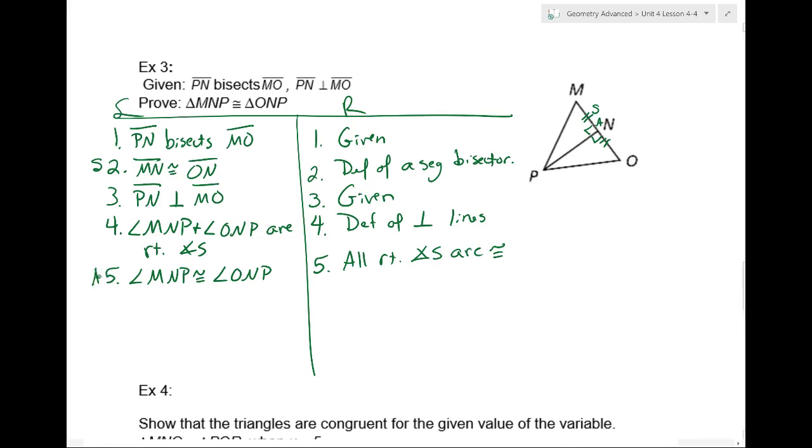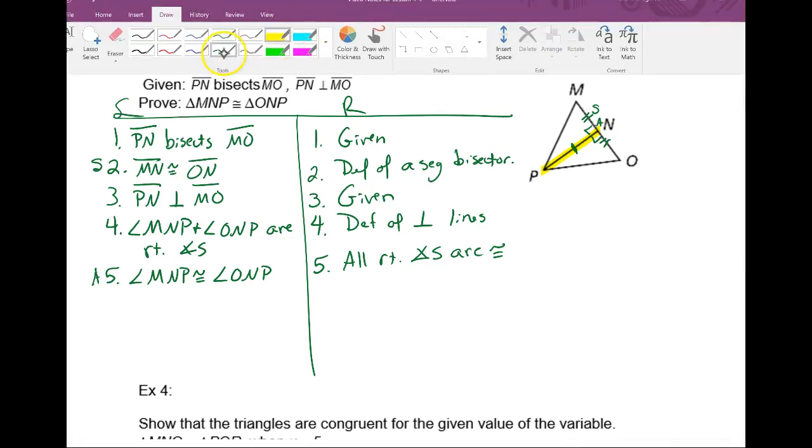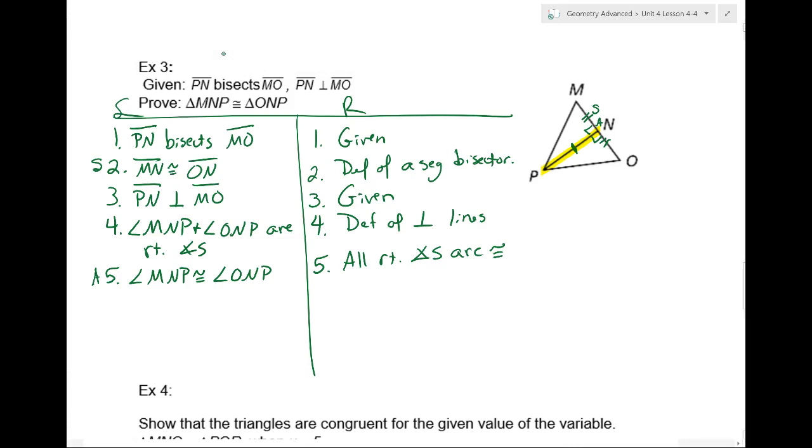Yeah, I'm glad you guys caught it right away. It is going to be, and I love this, I'm going to highlight it for a moment, reflexive. That's right. So here we go. We know segment PN is congruent to segment PN by the reflexive property.